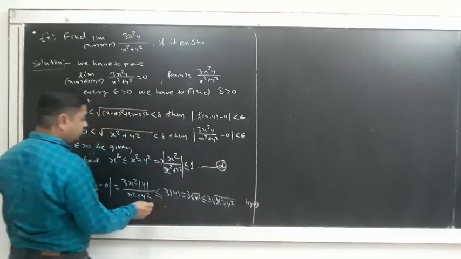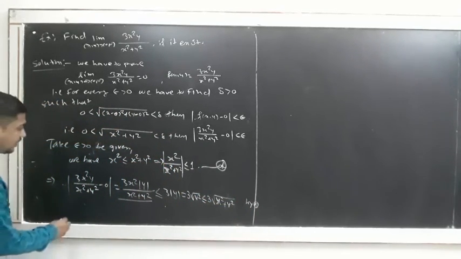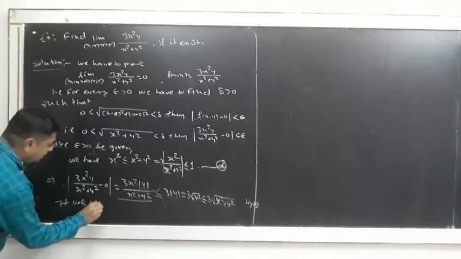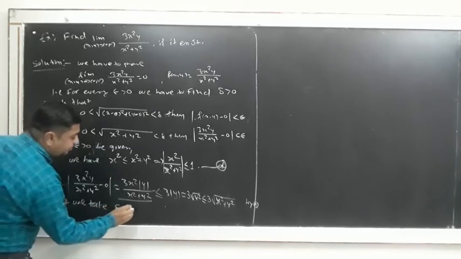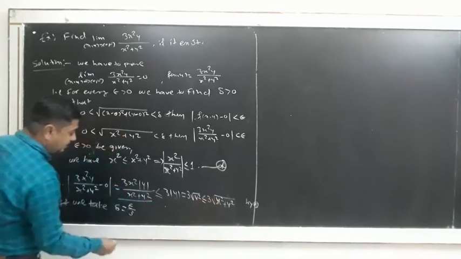So we are using star here. Now if we take delta equal to epsilon by 3, this is our delta, epsilon by 3.